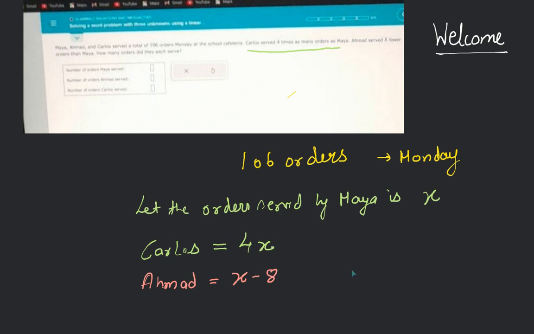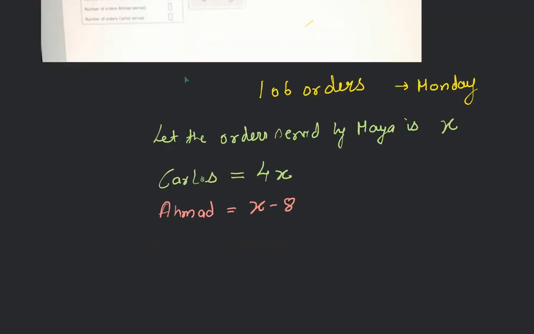They served a total of 106 orders. So if we add Maya's orders, Carlos' orders, and Ahmed's orders, the total is equal to 106.